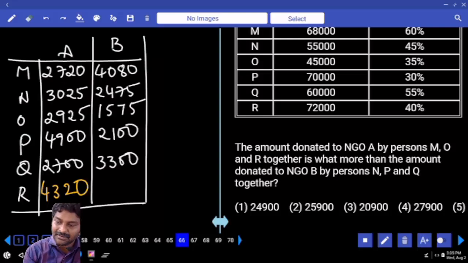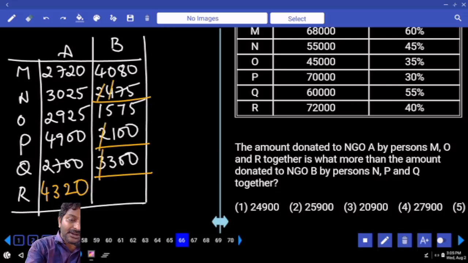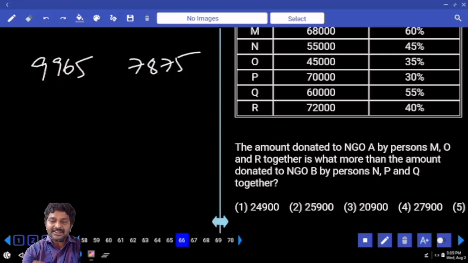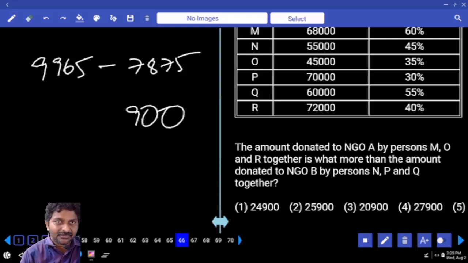What percent more than NPQ? 3,000, 2,000, 2,000. 7,000, 400, 100, 300, 800, total 7,800. Leftover values 75, 7,875. We were asked to calculate direct difference only. Direct difference in the sense answer must end with 90 only. And then we have one more zero.